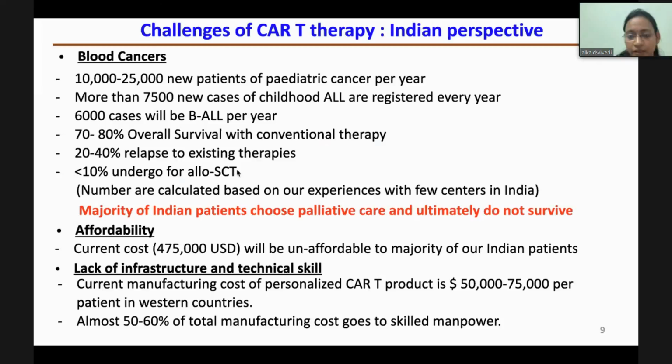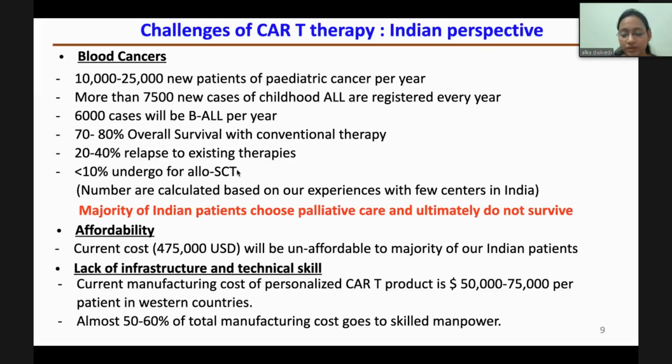For the currently approved CAR-T therapies, the manufacturing cost is around 50,000 to 75,000 per patient, and around 60% of the total cost comes from skilled manpower. So this therapy needs technically skilled manpower to develop. These are the current challenges of CAR-T therapy from the Indian perspective.